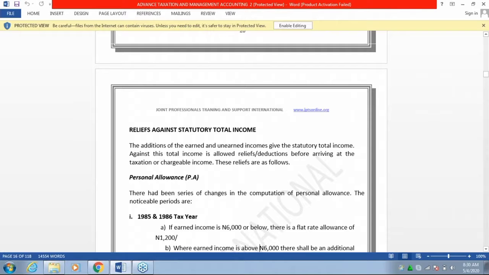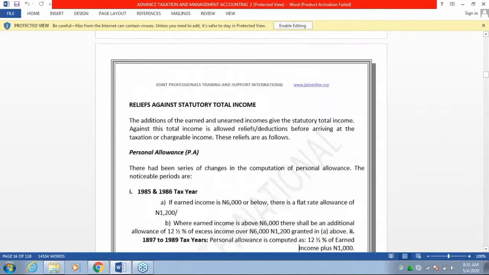So now, what are personal allowances? When we are talking of personal allowances, there have been a series of changes in the computation of personal allowances. How are we calculating them? The chargeable period is the 1985 to 1986 tax year.